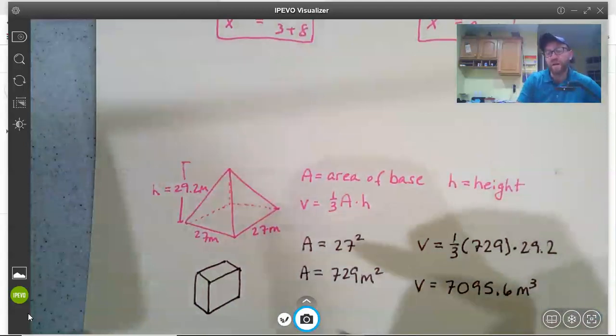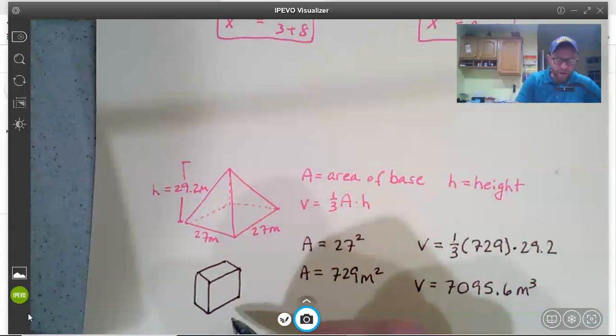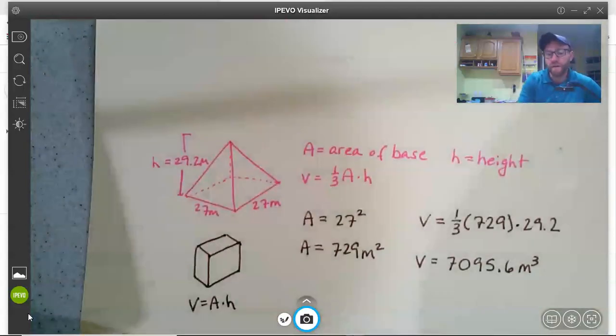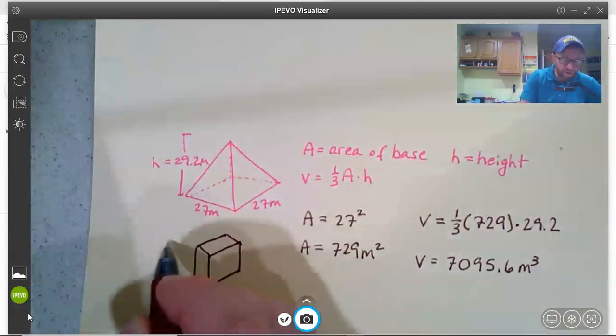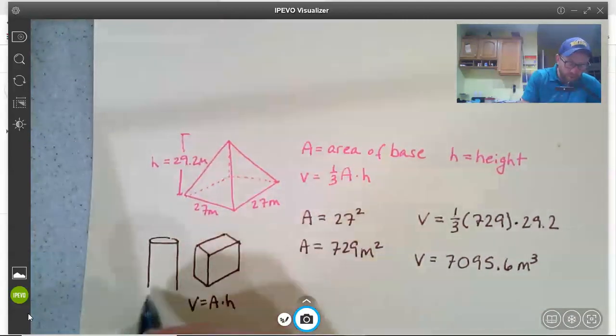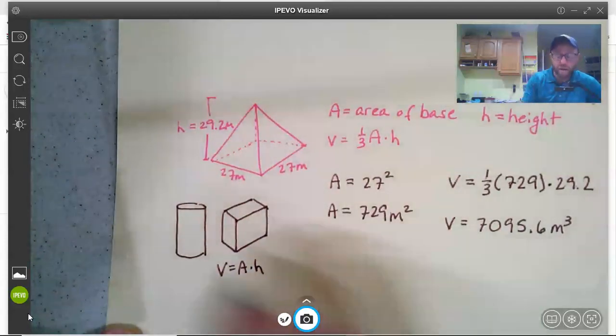That's a rectangular prism, but we could have different types of bases. If it were just this type of shape, then the formula would simply be volume equals area of base times height. And if it were a cylinder, here, this would also be volume is area of base times height.